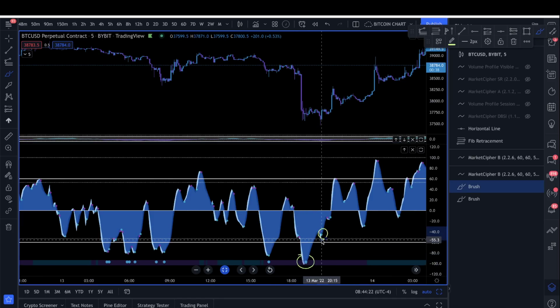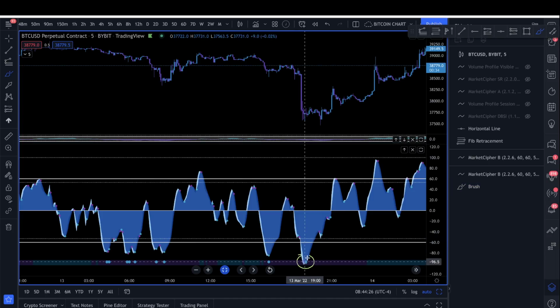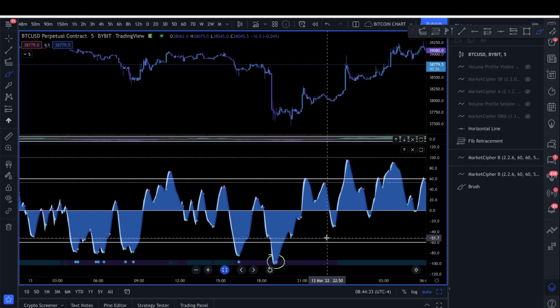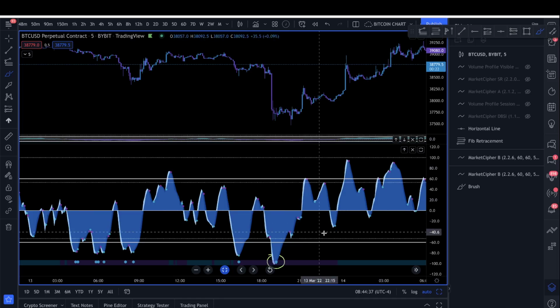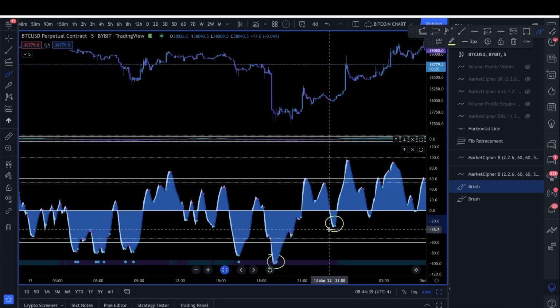Why? Because it is higher than the anchor wave coming up, and it is now above that -60 line. This would also be considered a trigger wave right here, and this would also be considered a trigger wave right here.